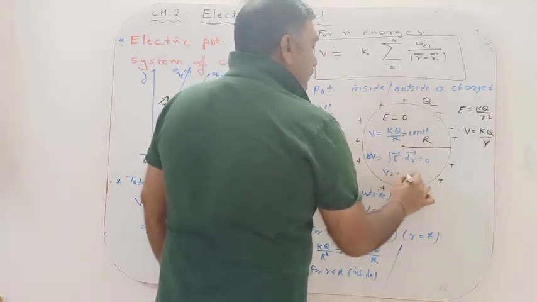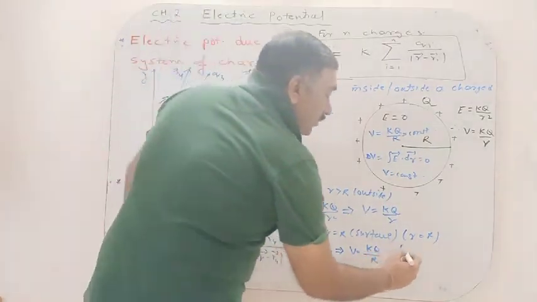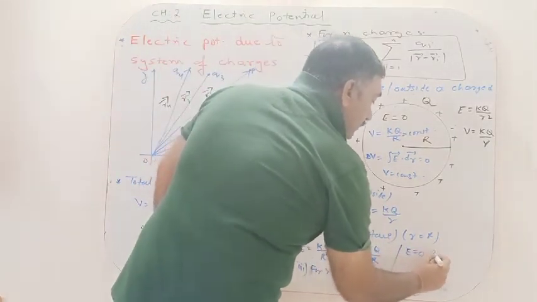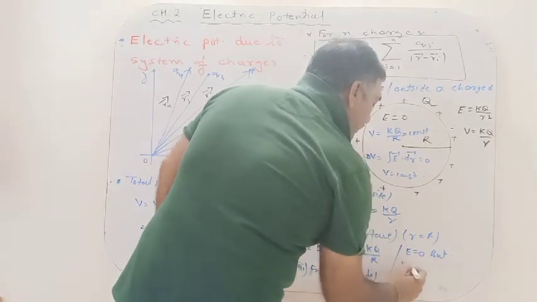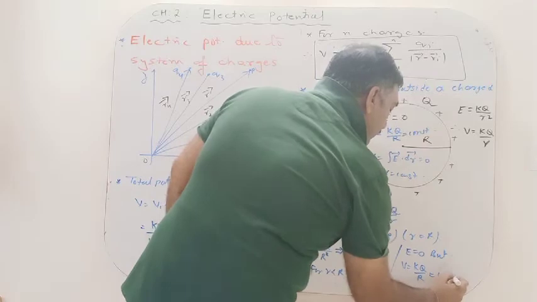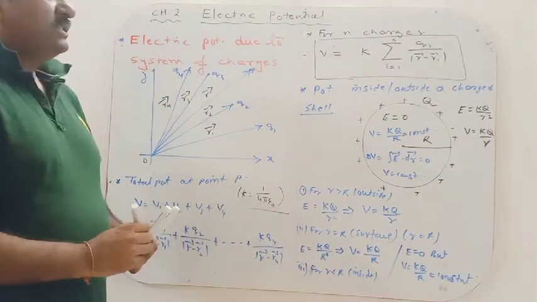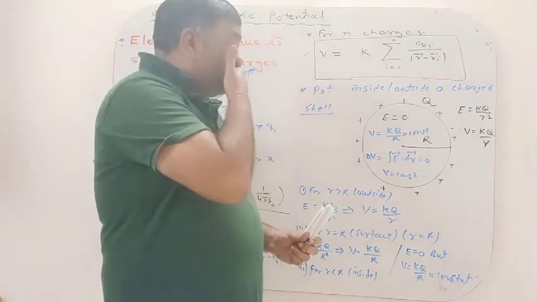That means V remains constant. So inside the electric field is 0, but the potential V equal to kq by R remains constant. So this is the expression for potential inside or outside a charged shell.